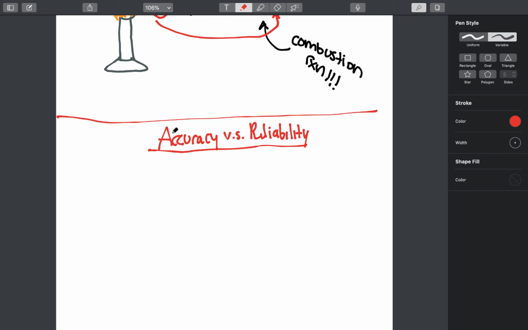Now, reliability and accuracy have 2 different names, actually. Accuracy is also given the name validity. And reliability is usually called precision, actually. I should have used precision instead. So accuracy and precision.